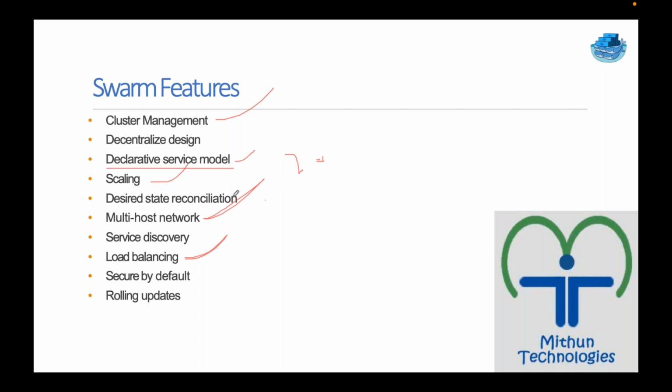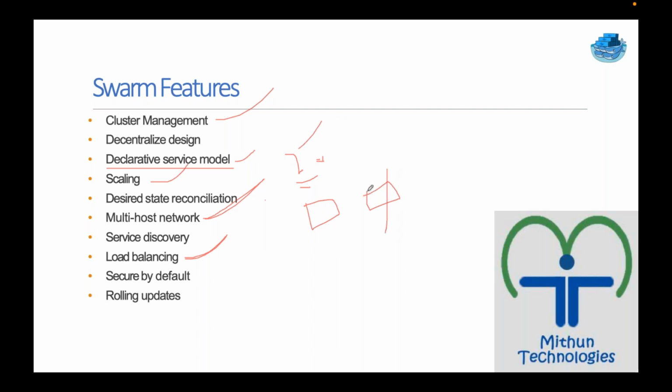So, desired state reconciliation. What is the meaning of desired state reconciliation? Suppose I am creating a service saying that I need 2 replicas. It will do the desired state reconciliation, so it will create 2 containers in that cluster. Since I am saying I need 2 containers, desired is 2.